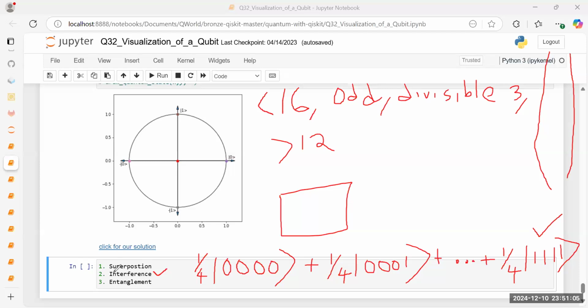So we're actually going to look at interference now. I just want to point out that it's through interference that we're going to cancel out all the other entries in our superposition, and only 111 will remain. And at the end, when we read our results, we'll see that 111 is the right number that meets these constraints.